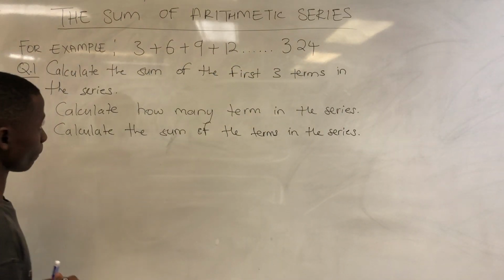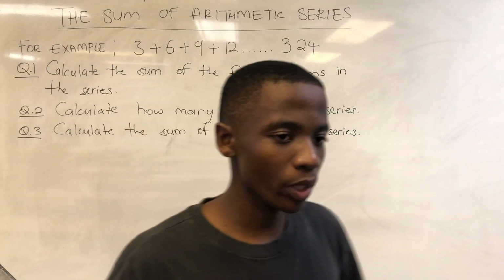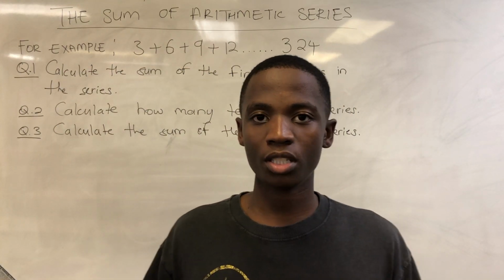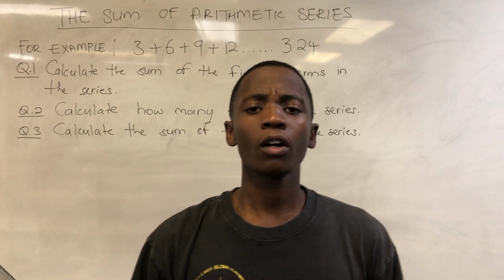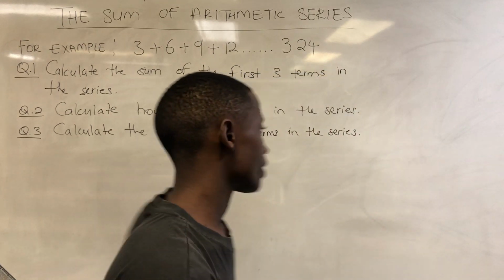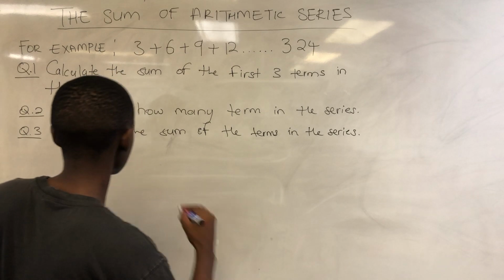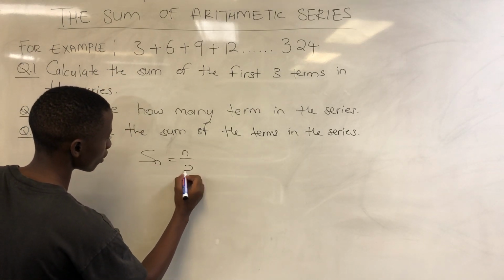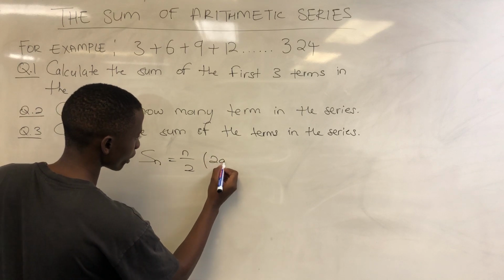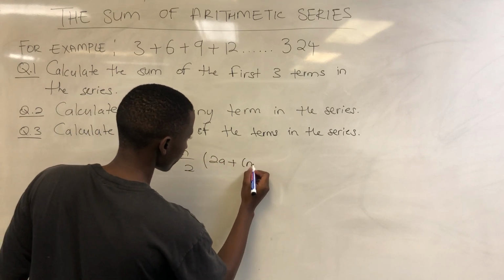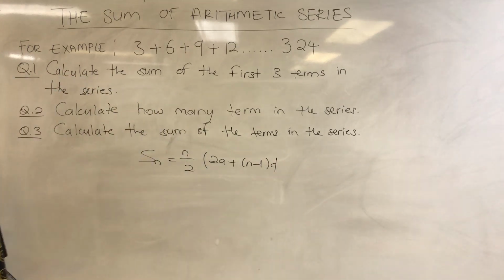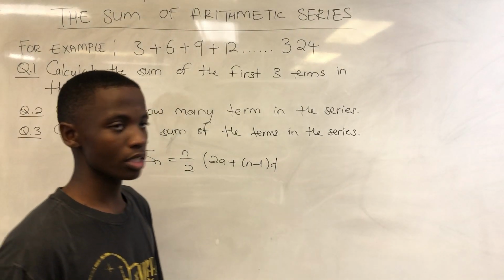There is also a formal way to calculate it, which is highly required during your tests as well as exams in Mathematics Grade 12. The formula is Sn equals n over 2, bracket 2a plus n minus 1 times d.